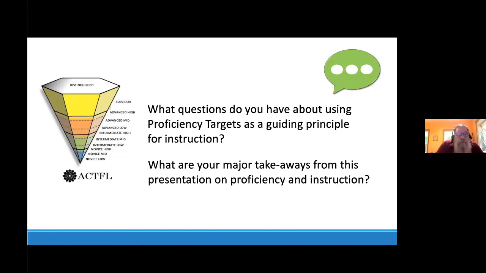We have a hand from Maria. Maria, do you want to unmute and give us your question? I just have a quick question. You said that you're going to continue with the research and you're going to ask people to join. How do we join? A call will be put out when we get to that point.